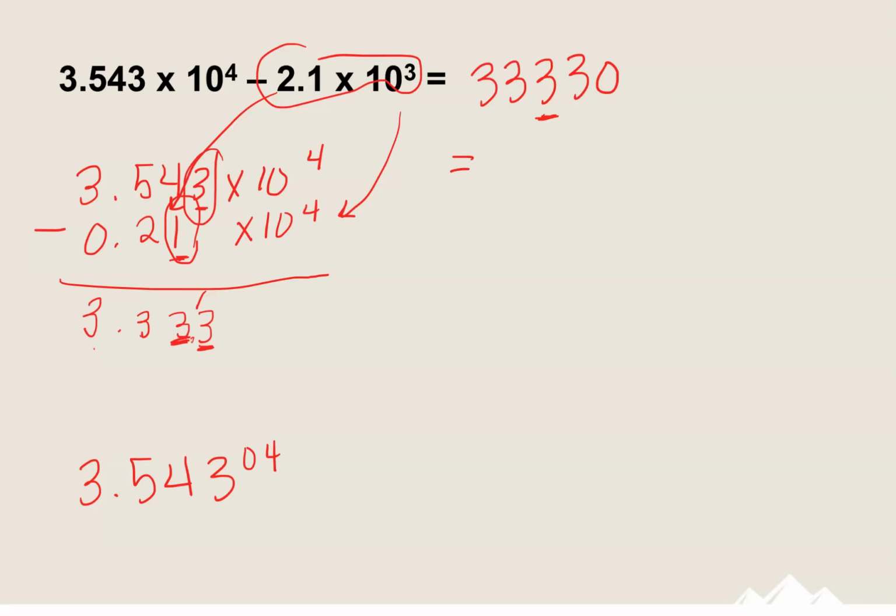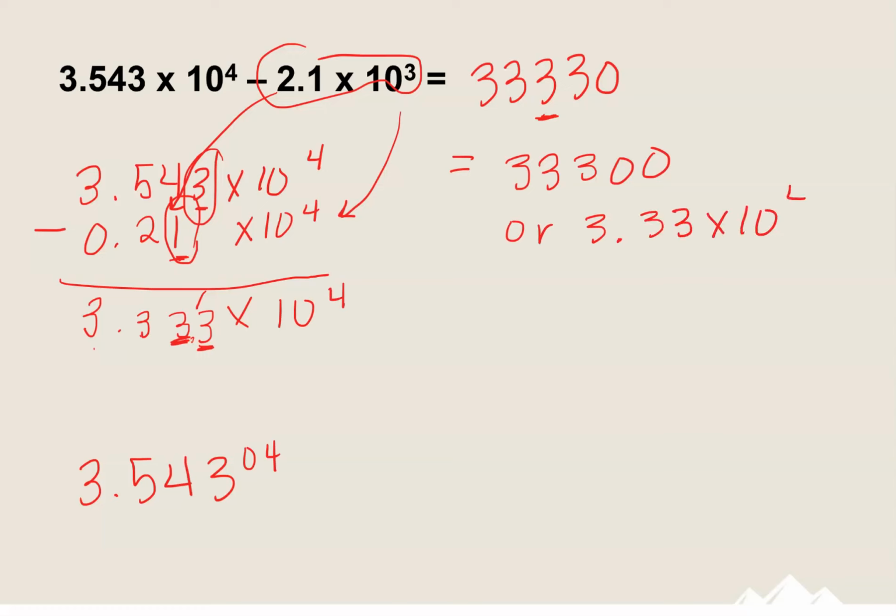So before I have my final answer, your final answer must always be with the correct number of significant figures. I'll be watching for that every single time. That's the correct answer, but I could have written it in scientific notation. Whoops, make that complete here. To me, those are exactly the same number.